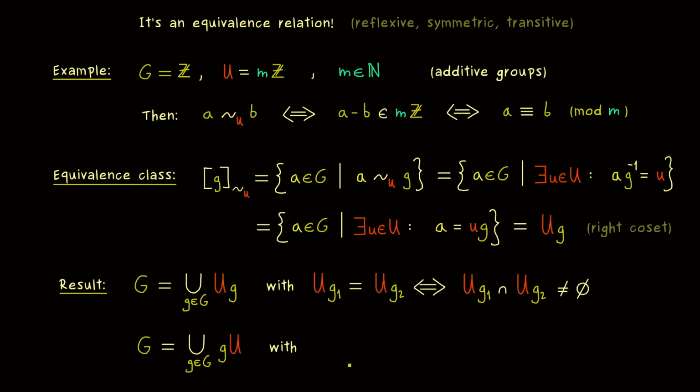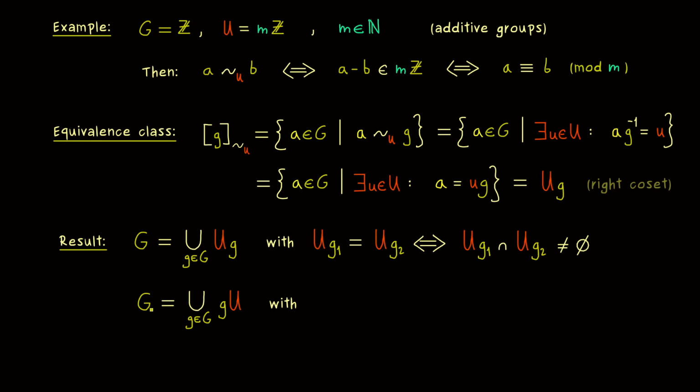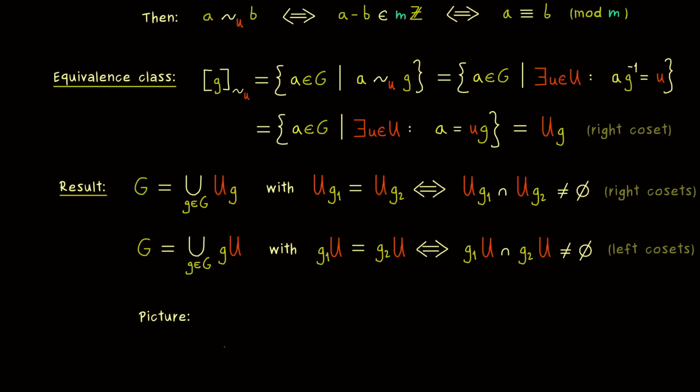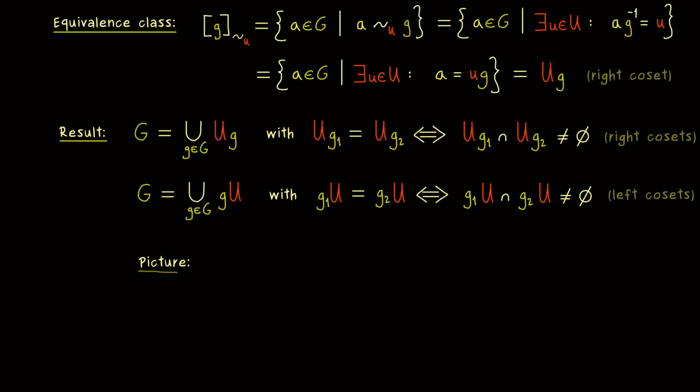And now similarly, as already said, you can also state the whole thing with the left cosets. And since it gives us exactly the same description of G, one usually would just choose one of them. So for example, let's choose the right cosets to illustrate everything in a picture.